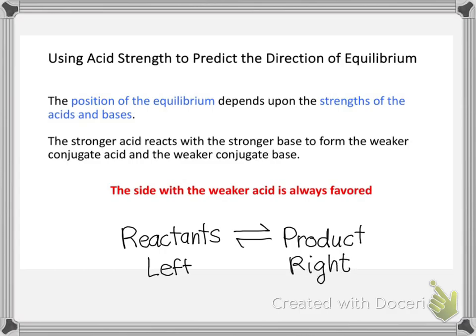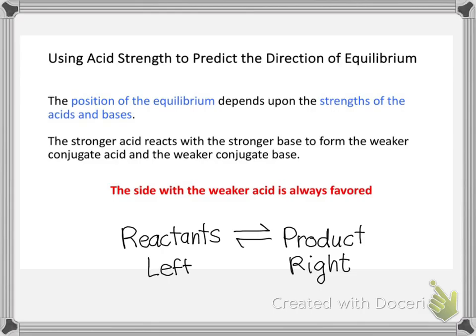Now, we're not going to use Le Chatelier's principle, and we're not going to be shifting the reaction, but we're going to use acid strength to figure out if the reaction favors the reactants, which simply means that when the reaction is going, there's more reactants than products. Or does it favor the products, which would mean there's more products than reactants. And so we're going to use the strength of the acids and bases in the equation to figure this out.